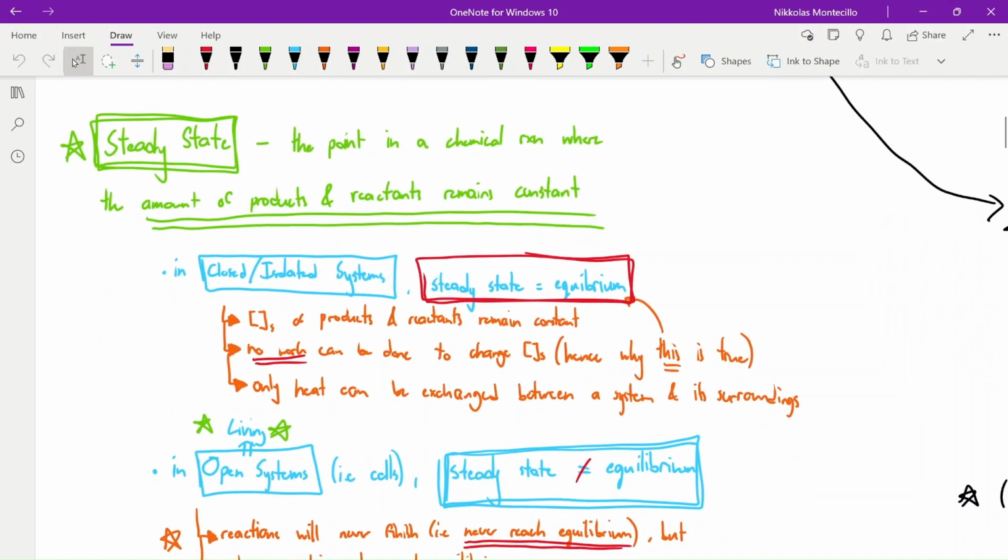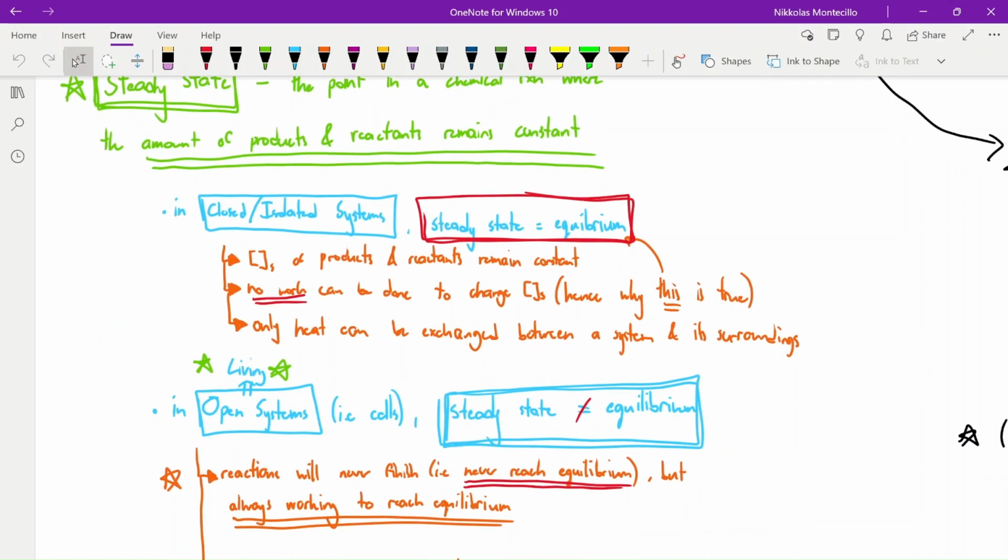So in closed systems, a steady state equilibrium means that the concentration of the products and reactants remain constant, as described by the terminology of steady state. No work can be done to change the concentrations, hence the reason why the steady state is equivalent to the equilibrium, and only heat can be exchanged between the system and its surroundings.